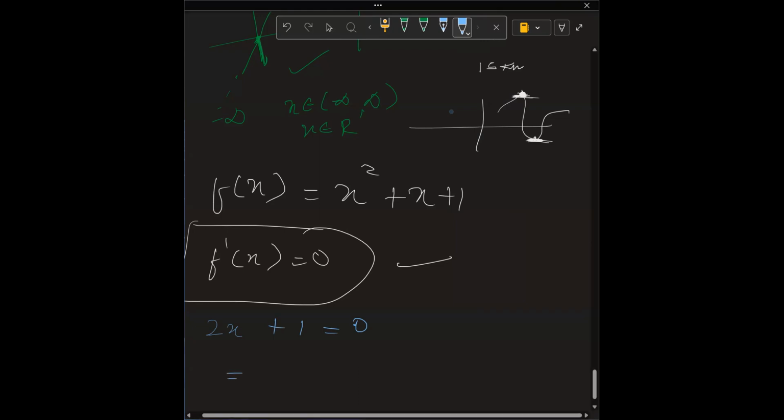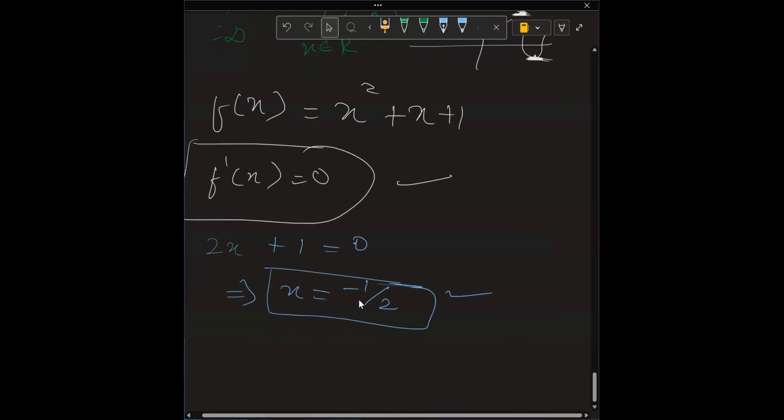So this is going to be 2x plus 1 equals to 0, so x is equal to -1/2. Correct. So at this point x equals to -1/2, either you have a maxima or you have a minima. So in this question you have been asked to find minima, so directly put this in the original equation.